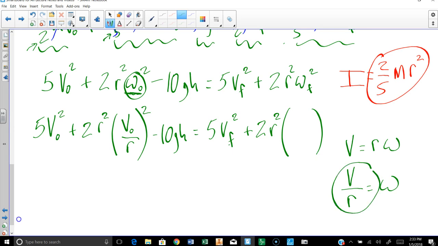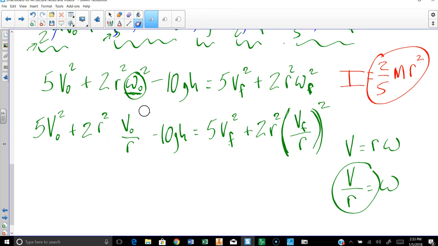Using the final situation, final velocity over the radius of the ball, squared. When we square this fraction, all I do is square the numerator and the denominator, the top and the bottom. So I can just write that squared over that squared. Same thing over here, saving myself a step.